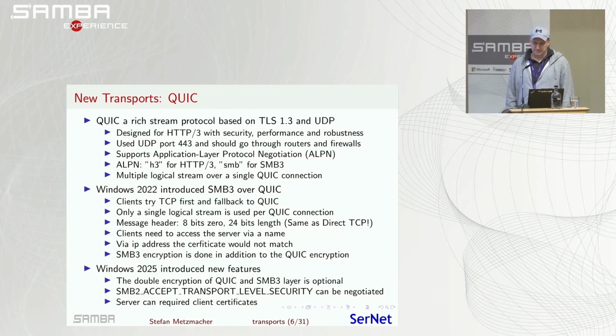It's also possible that the server can require a client certificate, but basically the client has to verify the server certificate to make this secure. And in that case, on the SMB3 layer, the encryption is just ignored and doesn't happen.